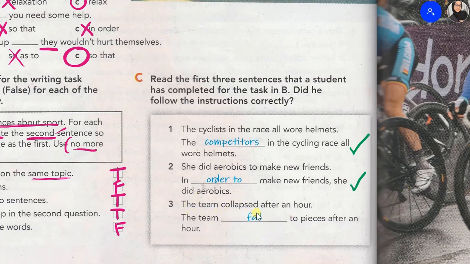The team collapsed after an hour. And this is a transformed sentence. The team fall to pieces after an hour. So the student here uses a phrasal verb. Fall to pieces here means collapse. But the sentence is wrong. Why is it wrong? Look at the verb here. Collapsed.